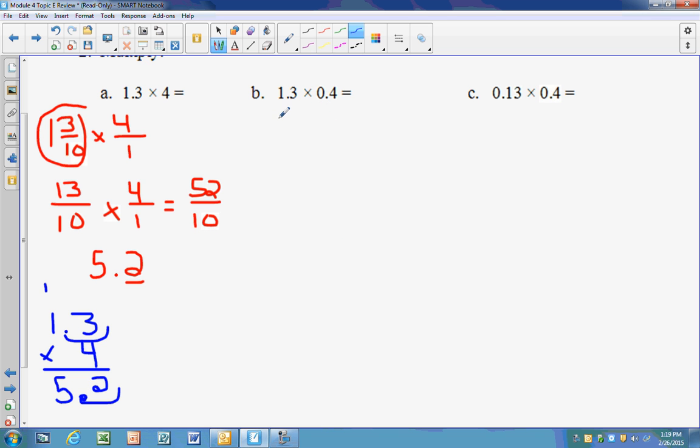Next question, same way, I can write it as 1 3/10 times 4/10, which would be 13/10 times 4/10, which would give me 52. This time it would be over 100 because 10 times 10 is 100.